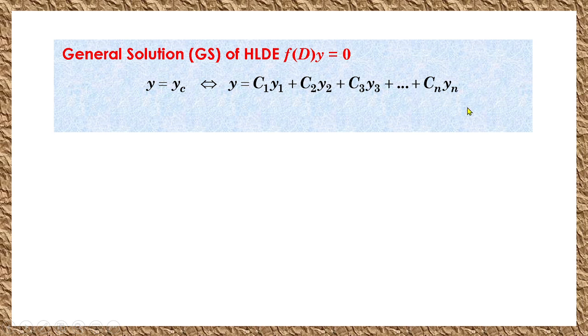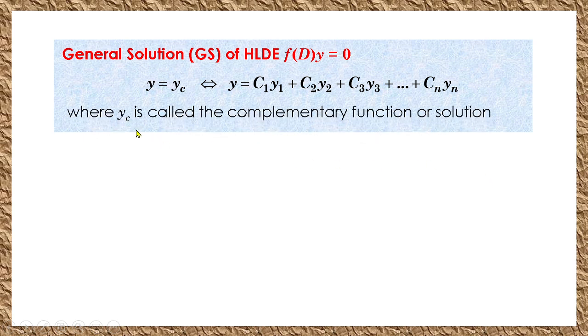So the number of terms is equal to the number of roots or the exponent of m. If the exponent of m is 3, you have 3 terms. If the exponent is 4, you have 4 terms, and so on. Y sub c is called the complementary function or solution.